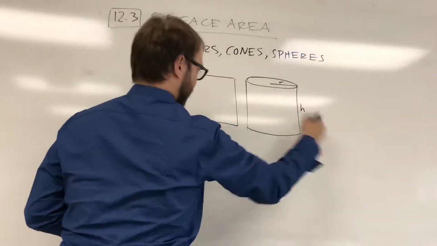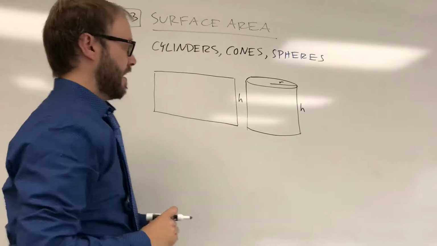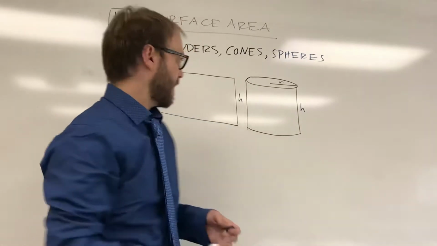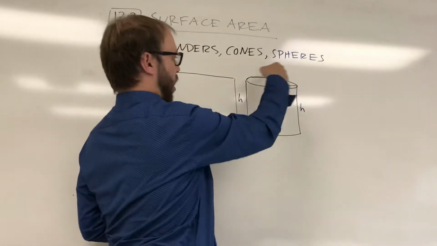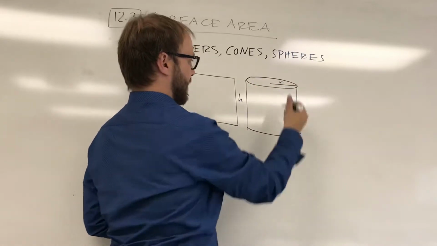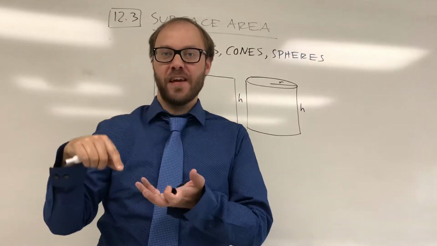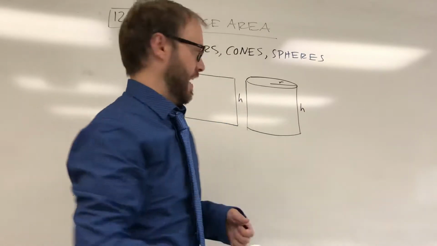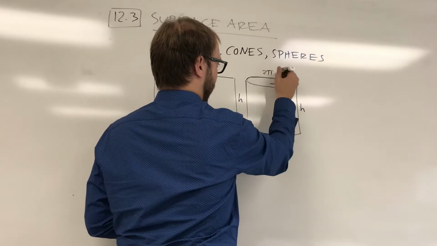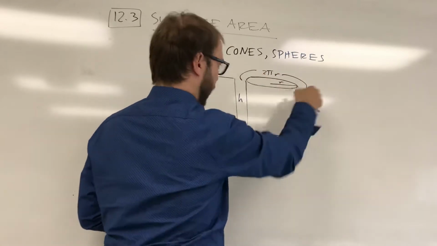The height is going to be the same as the height of the cylinder, but this thing has to wrap around the cylinder. If you remember, the circumference of a circle is 2 pi r, or you could use pi times the diameter, but we'll use 2 pi r. That's that distance all the way around the can.